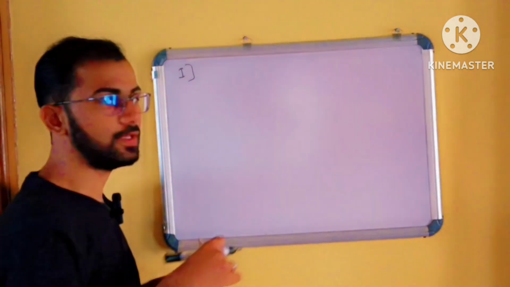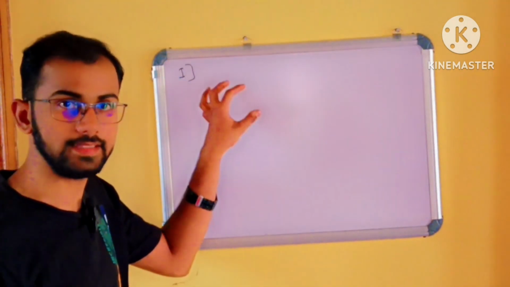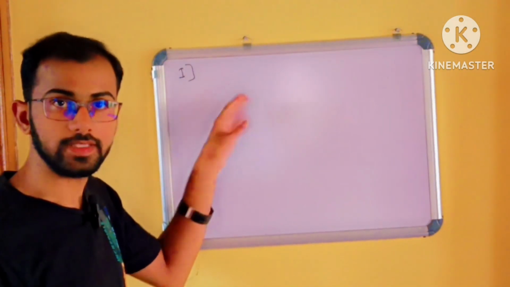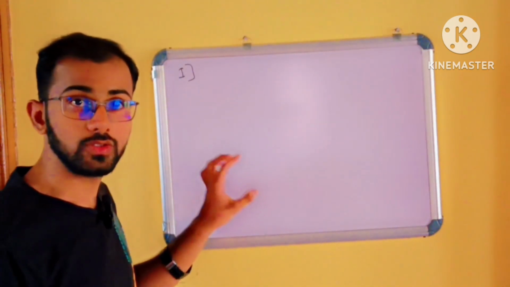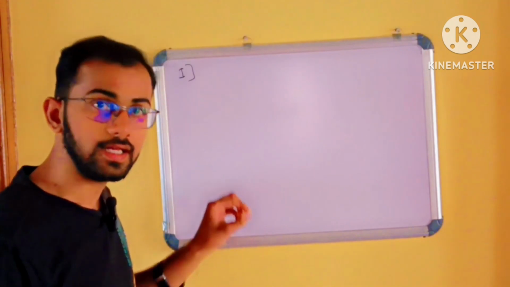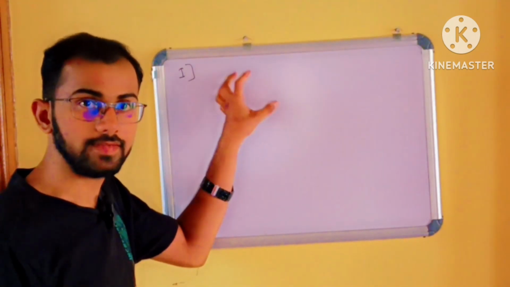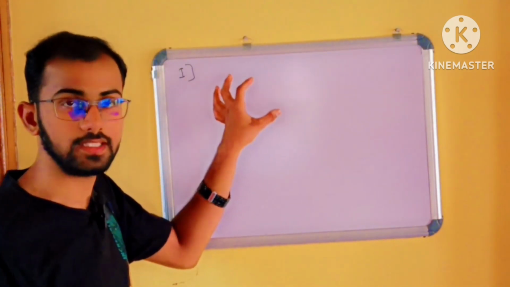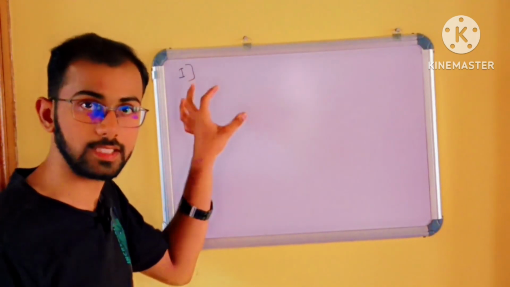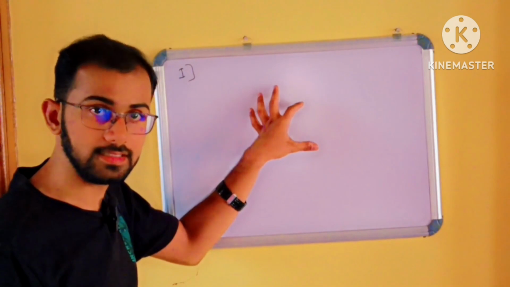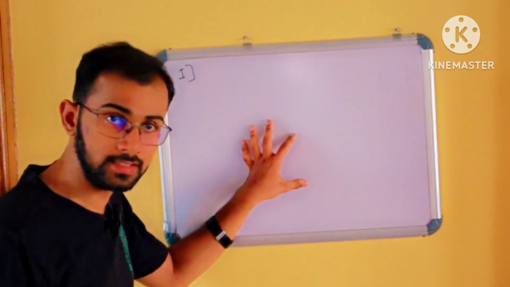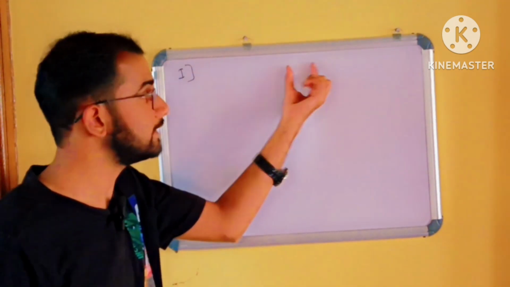So the first question is like this. They have given one list of numbers, one sequence. We don't know whether that sequence is in arithmetic progression or not. So the question is: check whether a given sequence or list of numbers is an arithmetic progression or not. If that sequence is in arithmetic progression, then we need to write the next four terms.